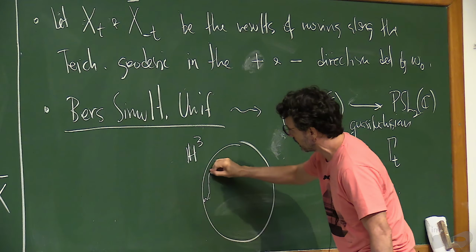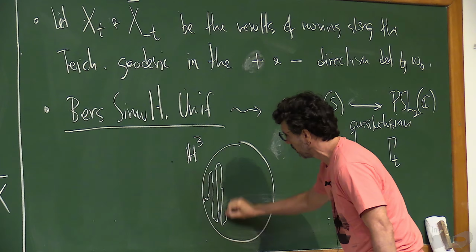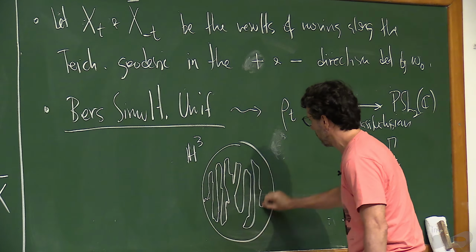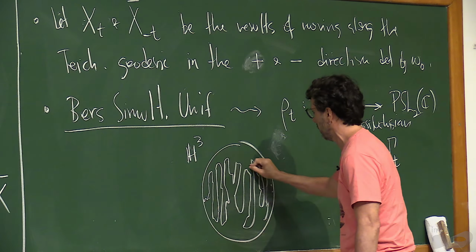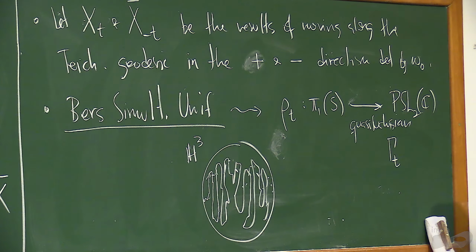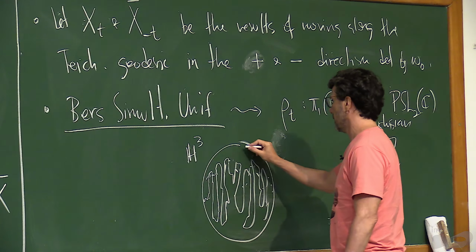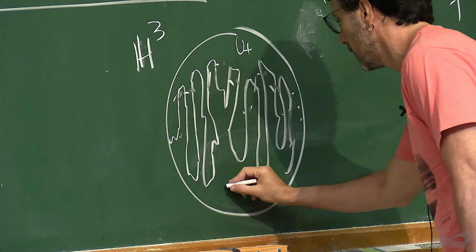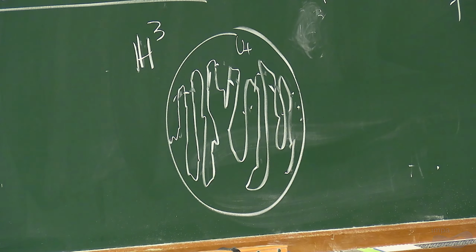The limit set is some quasi-circle, and this quasi-circle is becoming very complicated and trying to fill the sphere at infinity, and then there's an upper part and a lower part to this, the set of discontinuity.